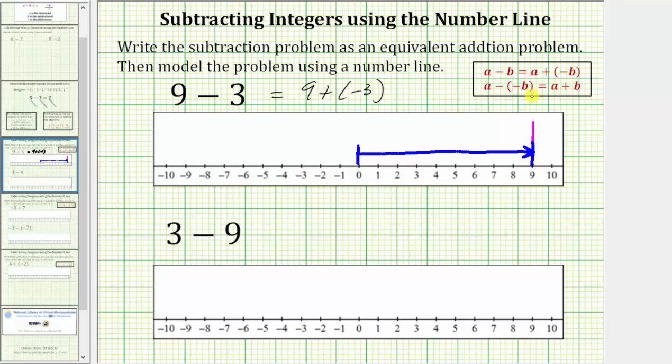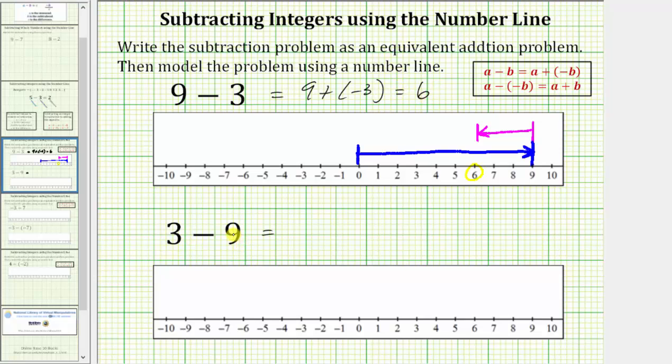So whether we're subtracting 3 or adding negative 3, we move left 3 units, which brings us to positive 6 on the number line, which is the difference as well as the sum. 9 minus 3 equals 6, and so does 9 plus negative 3.